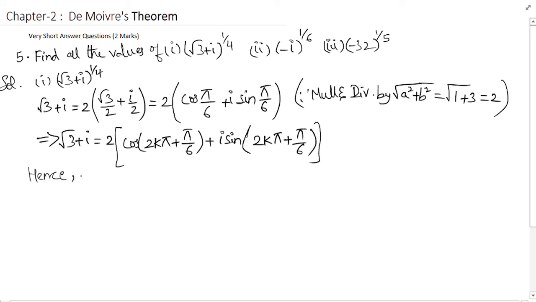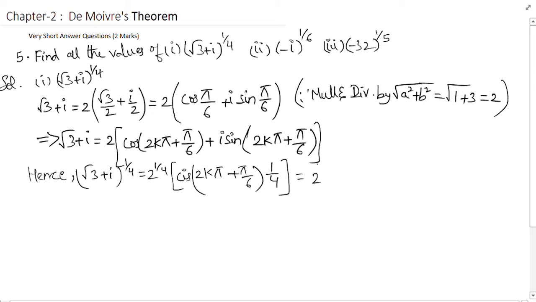Hence, root 3 plus i to the power of 1 by 4 is equal to 2 power 1 by 4 of cis 2k pi plus pi by 6 into 1 by 4.